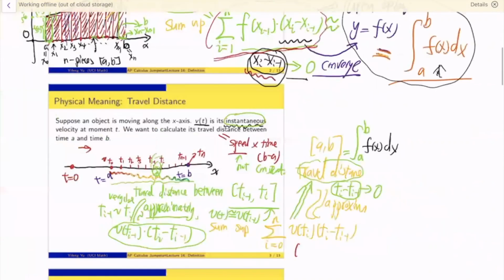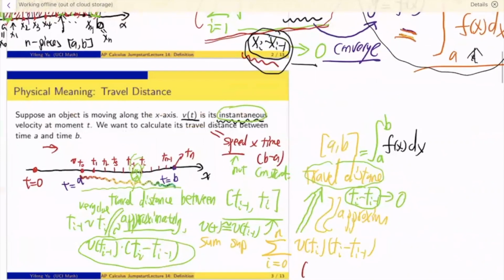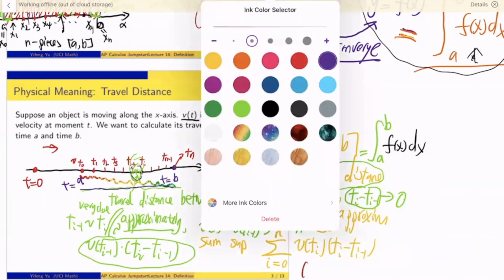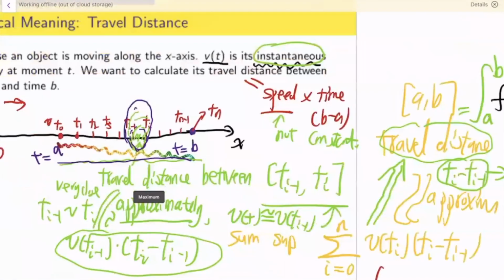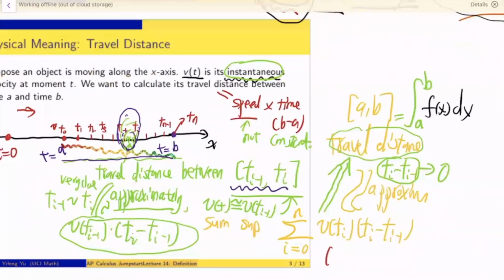And here the travel distance is similar. Because the velocity is not constant, we cannot just multiply velocity by time. We have to divide the time interval into small sub-intervals. The idea is that within each small interval, the velocity is approximately constant.